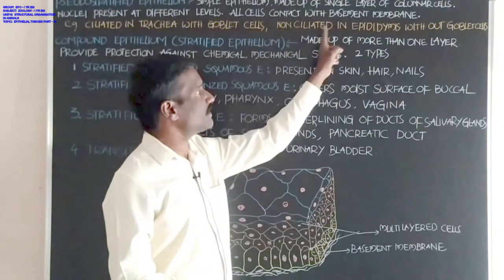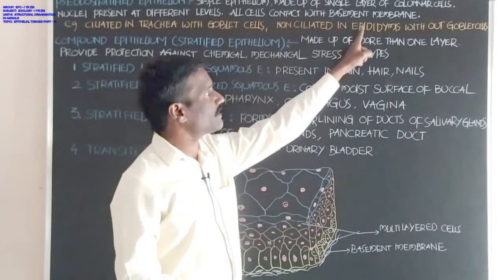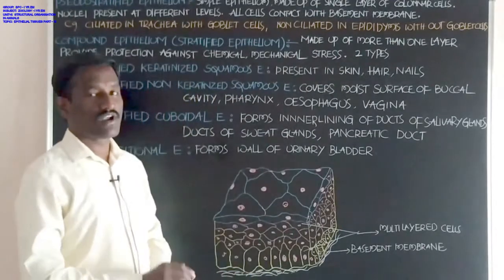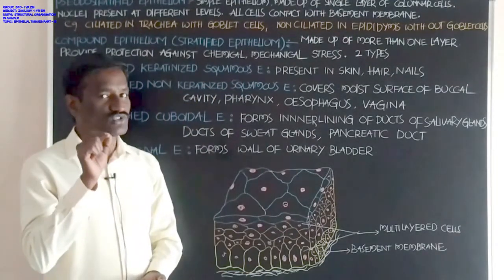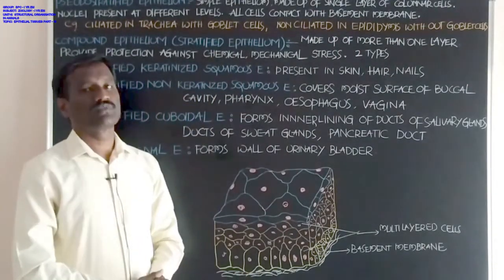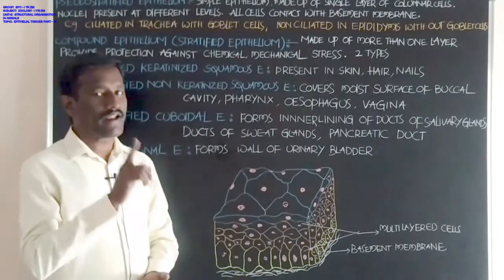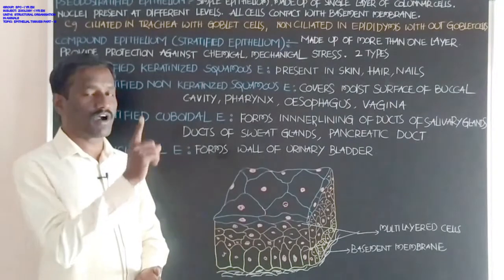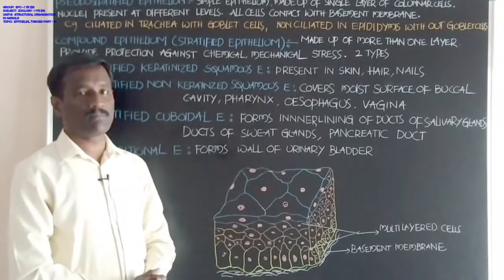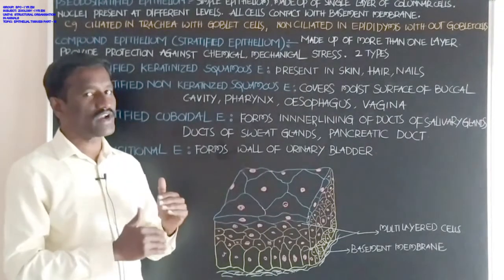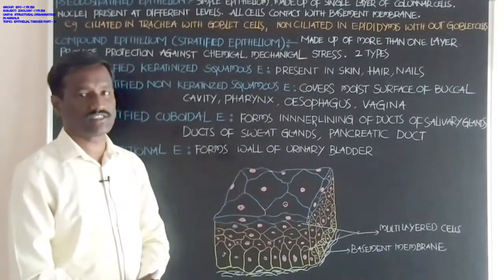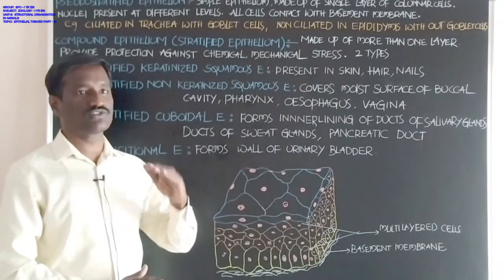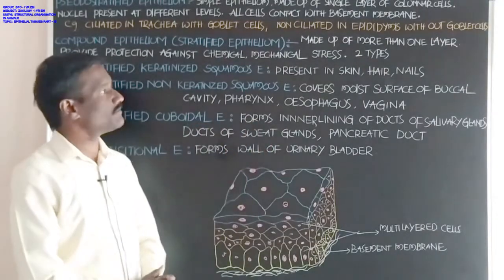Next, non-ciliated is present in the epididymis, without goblet cells. Non-ciliated pseudostratified epithelium is present at the lining of the epididymis. The epididymis is part of the male reproductive system, located behind the testis, and helps in the passage of sperm cells to the vas deferens.